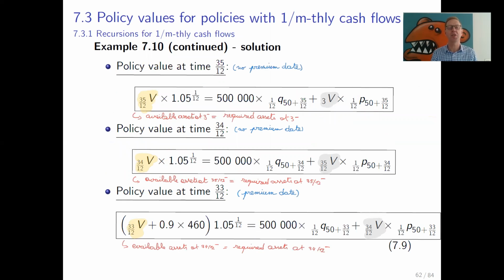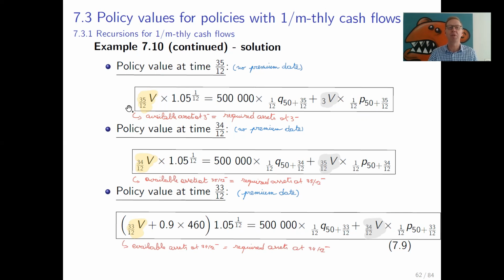Let us start with the policy value at time 35/12 as a function of the policy value 1 month later. This recursion will be based on the same equation that has to hold. Seen from time 35/12, the available assets in 1 month at time 3 minus must be equal to the expected required assets in 1 month.